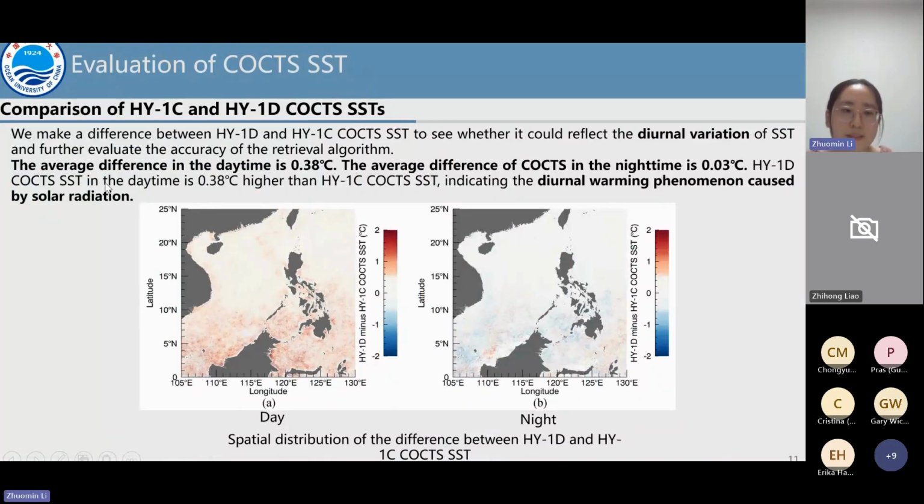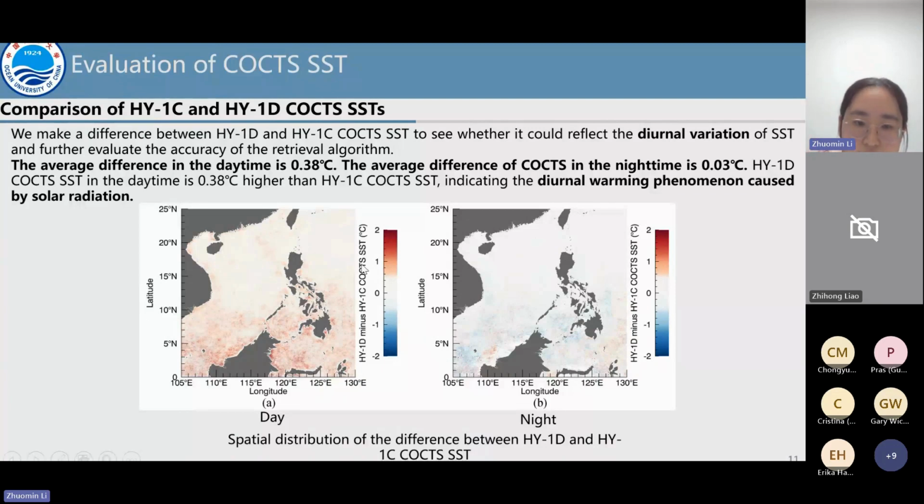And then we took the difference between HY-1D and HY-1C COCTS SST to see whether it could reflect the diurnal variation of SST, and further evaluate the accuracy of the retrieval algorithm. The average difference in the daytime is 0.38 degrees. The average difference of COCTS in the nighttime is 0.03 degrees.